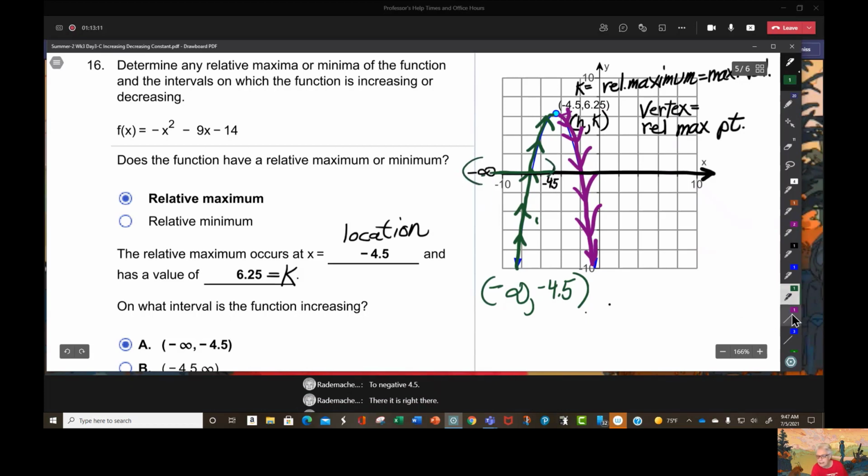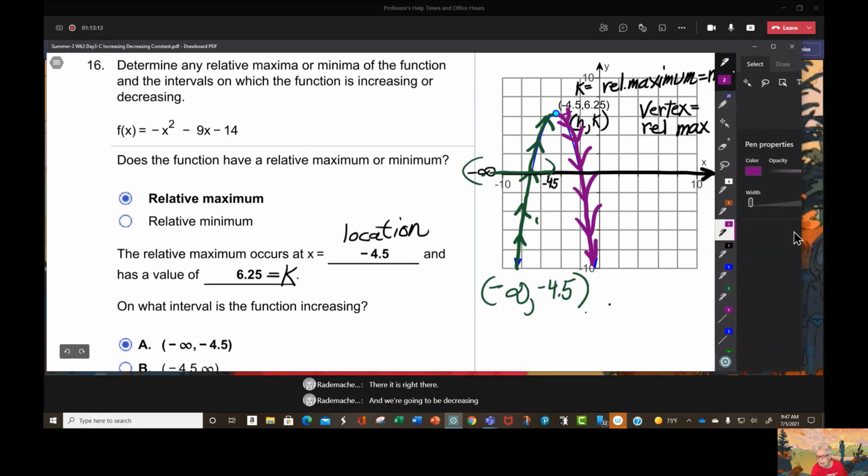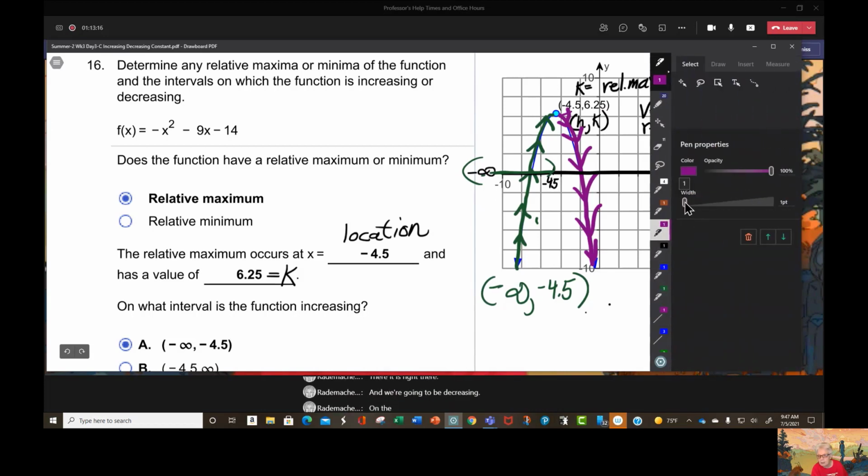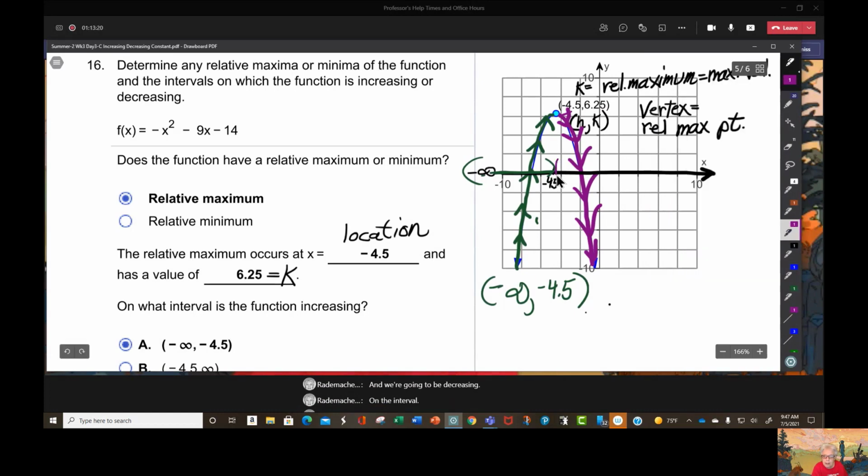And we're going to be decreasing on the interval negative 4.5 to positive infinity. This interval.